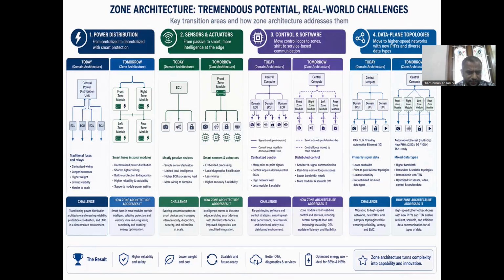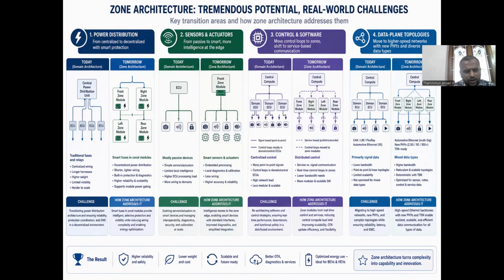These are the challenges that we have. That means when you have centralized power distribution, you face these things: transitioning power distribution architecture and ensuring reliability. With reliability, you will have an issue, and then the protection coordination and EMC in a decentralized environment.